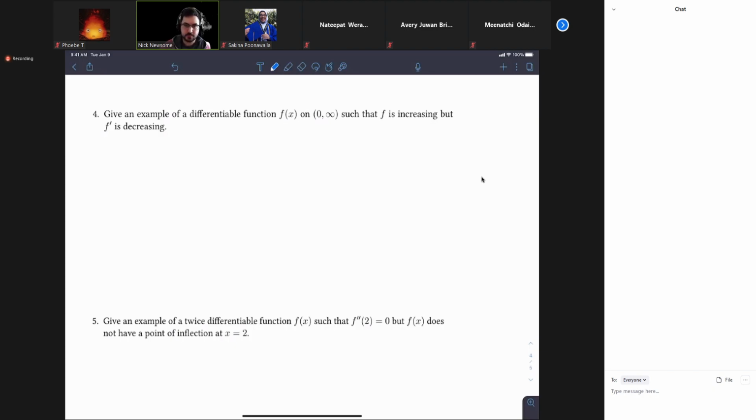Okay, so think about what that means. If I want the function f to be increasing, then its derivative better be always positive.